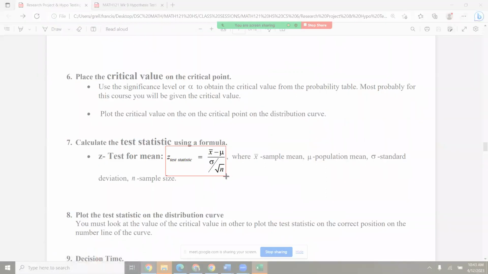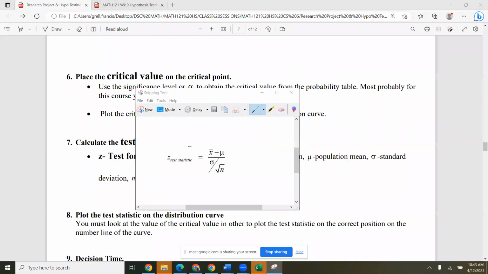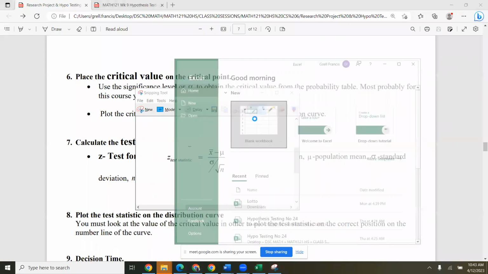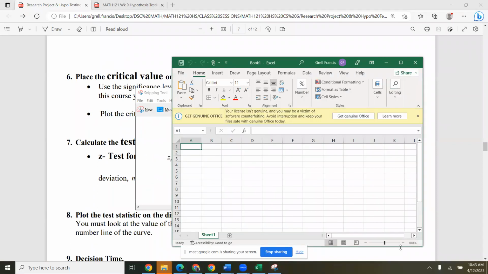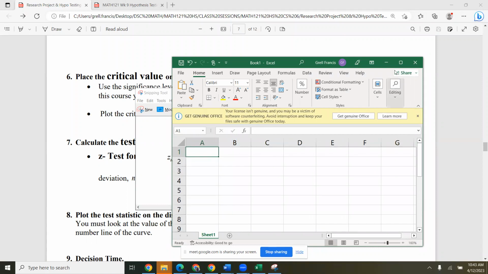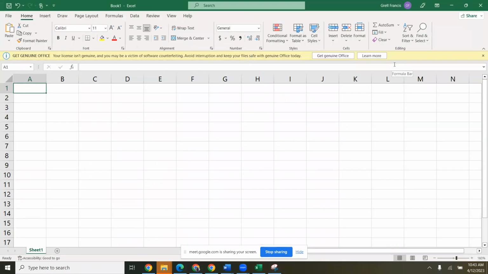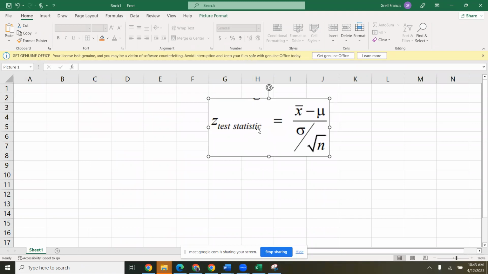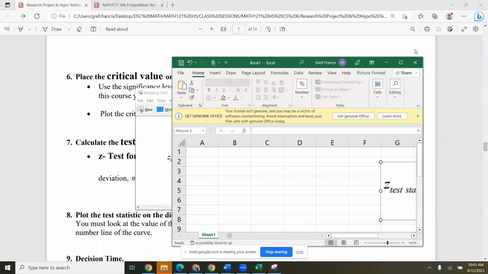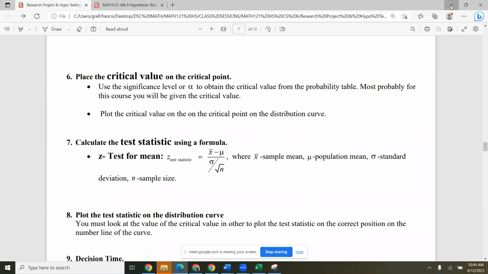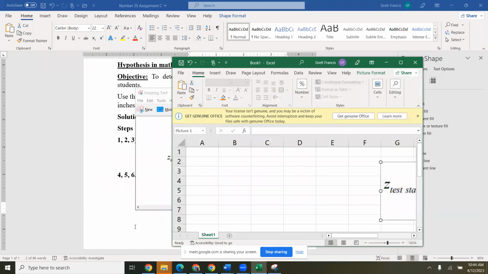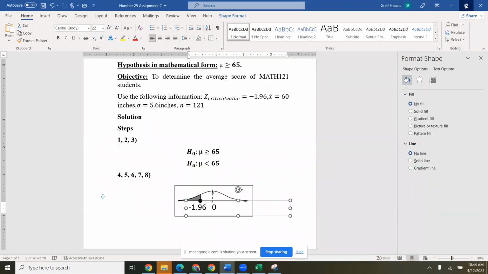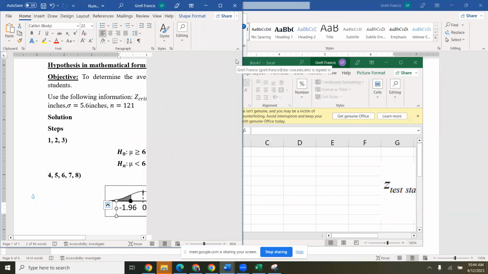The values to calculate the z-test statistic will be provided. You don't have to calculate them. The values, here the values are.